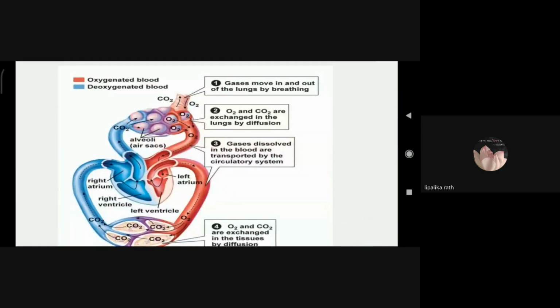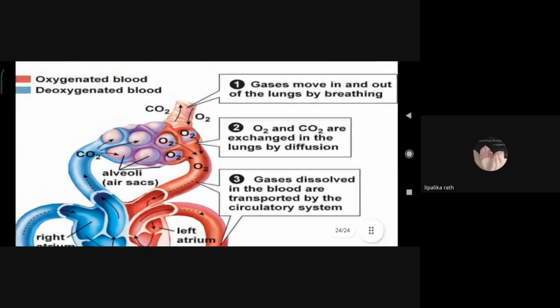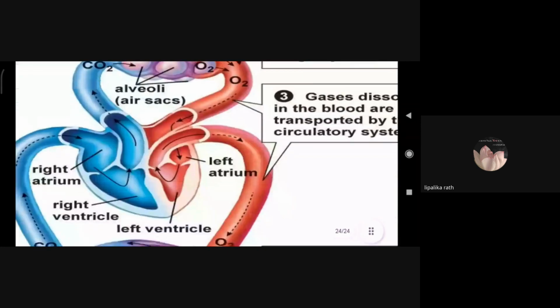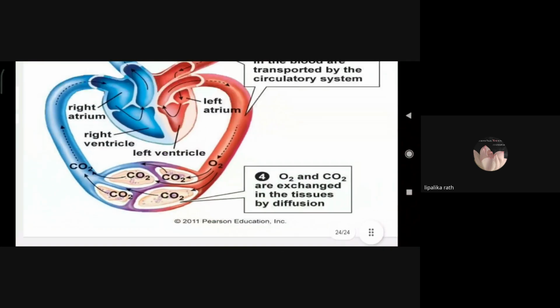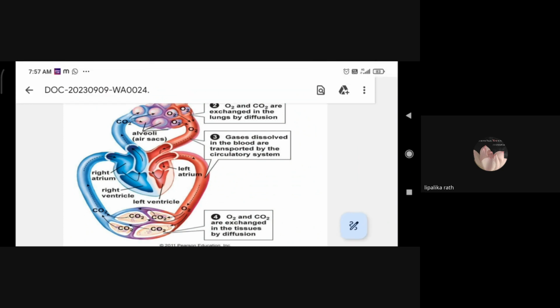So this is the complete picture of the body. What happens in the lungs is shown in this portion. And what happens in the heart is shown in this portion, and what happens in the total body. So by seeing this picture, you can also get a clear idea about the circulatory system.